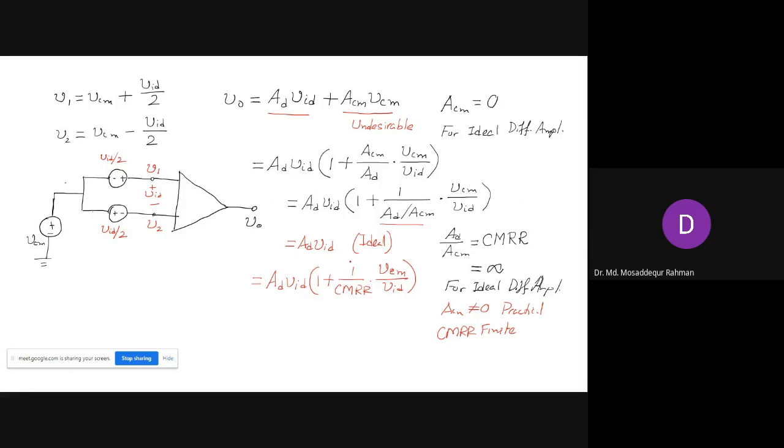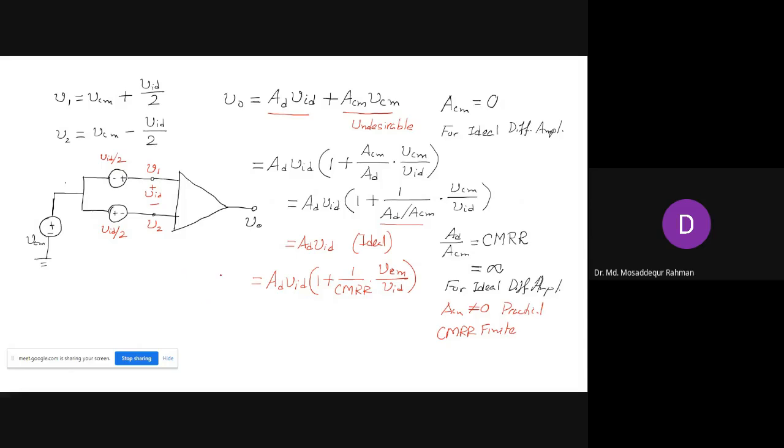So you get to see this factor here, 1 over CMRR. So for a practical amplifier, the higher the CMRR, the more effective the differential amplifier will be in rejecting the common mode voltage. The higher this parameter, the lower this part will be, and the output will be dominated by the differential output voltage.